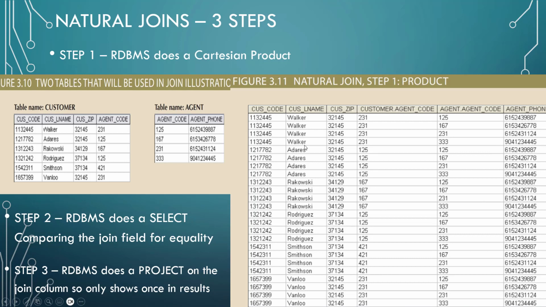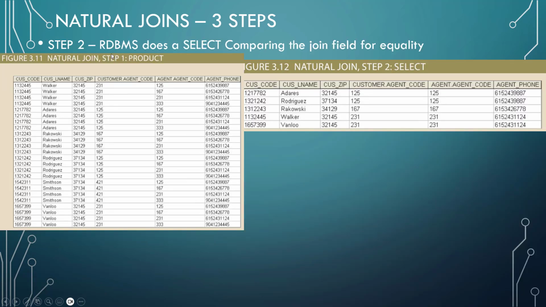We have 4 Walkers. Notice we have 4 Adaires. Rakowski 4, Rodriguez will have 4. This is the Cartesian product. That's step 1. In step 2, it's taking the result of the Cartesian product, and then it's going to do a select. If you recall, in select, we have a predicate.